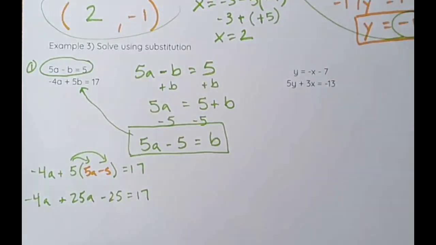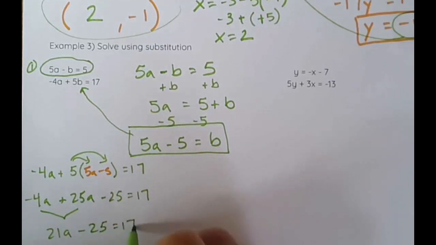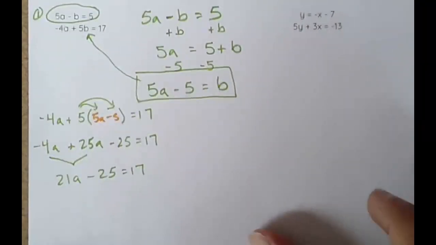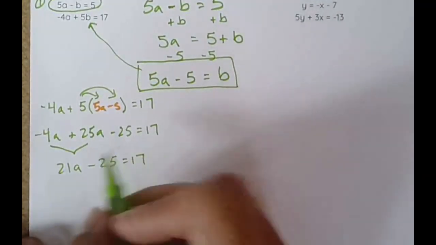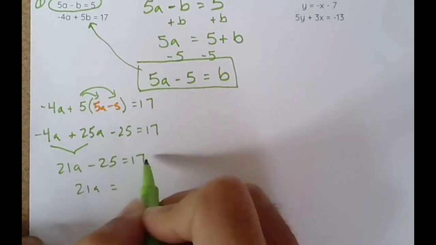Combine, 21a minus 25 equals 17. Add the 25, I get 21a equals 42, and then a equals 2.